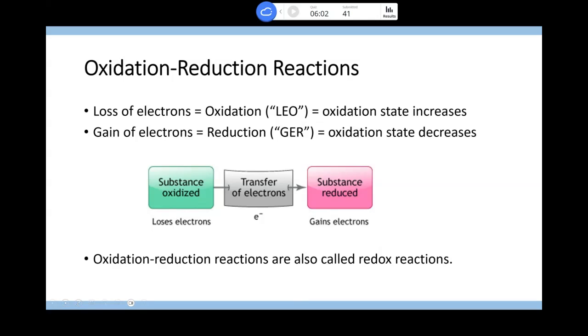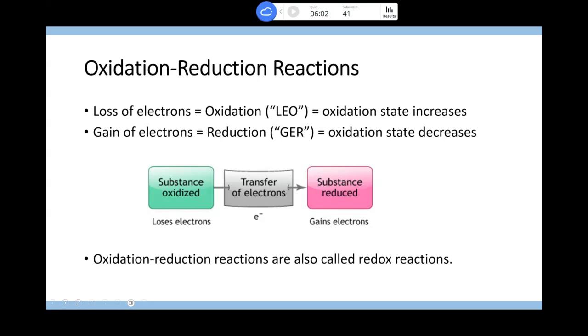If an oxidation state decreases, becoming more negative, that atom gained electrons, and we call that reduction. The substance that is oxidized, that loses electrons, is giving electrons to the substance that ends up being reduced, the substance that gains electrons.